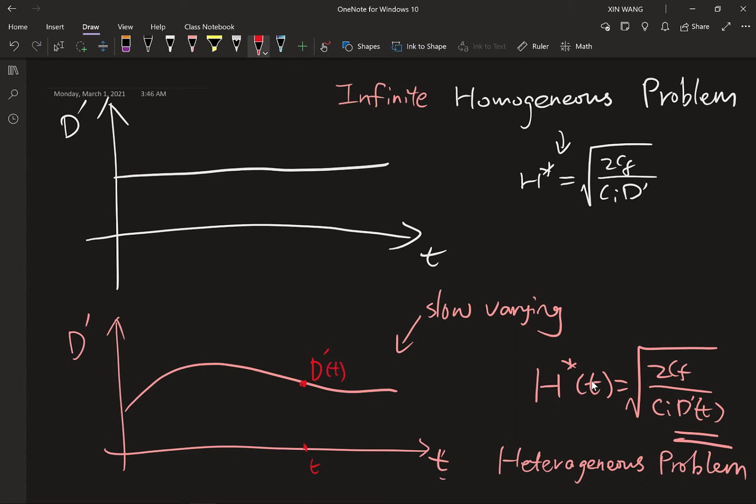Let's assume the problem is a homogeneous problem where the demand is a constant demand rate over the entire planning horizon, which is an infinite homogeneous problem. Then we solve this problem using our analytical solution, and use it to estimate the local optimum headway. So this is the first insight.